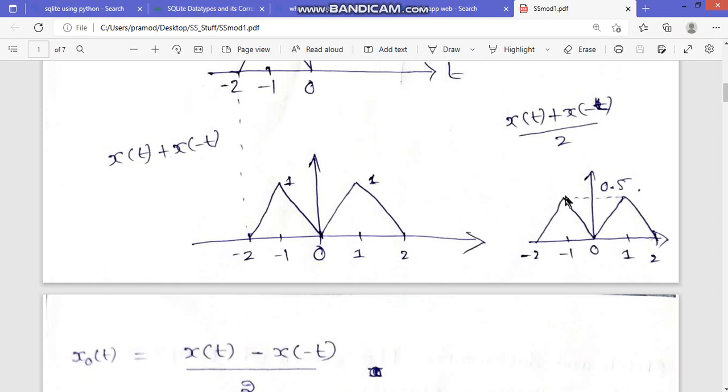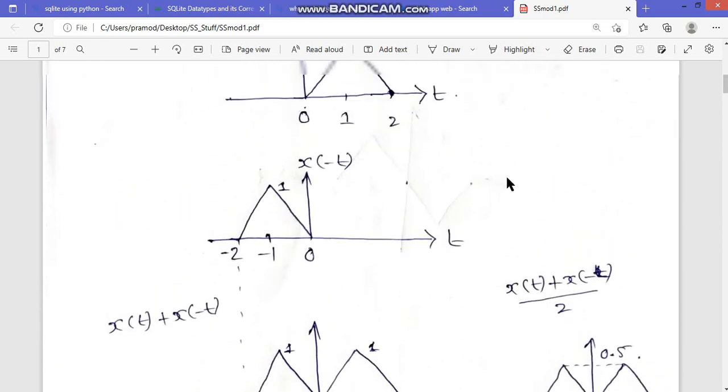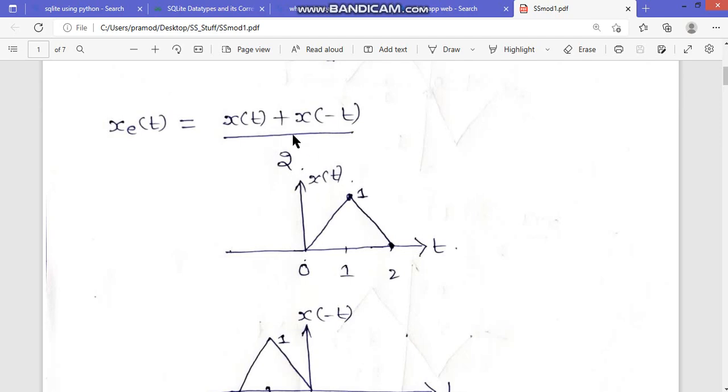So 0.5 is the maximum value, remaining all will be less. This is 1, 0.9 somewhere here, 0.8 somewhere here, until 0. So now 0.5, 0.4, 0.3, like that it will reduce to 0. So be careful: when you are dividing a signal, you are dividing your amplitude value.